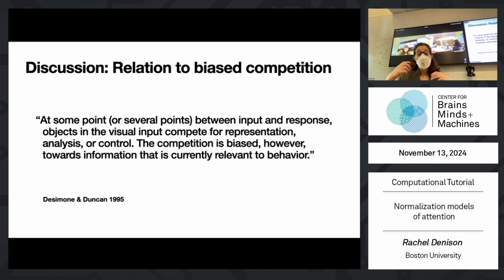But this competition is biased by attention toward information that's currently relevant to behavior. So in the normalization model framework, normalization is a computation that implements competition, and attention is a modulation that regulates the competition.